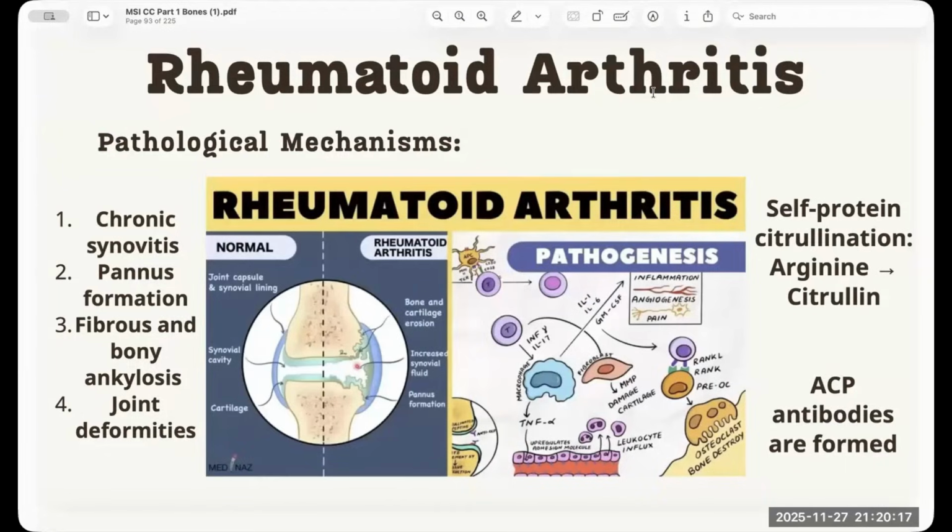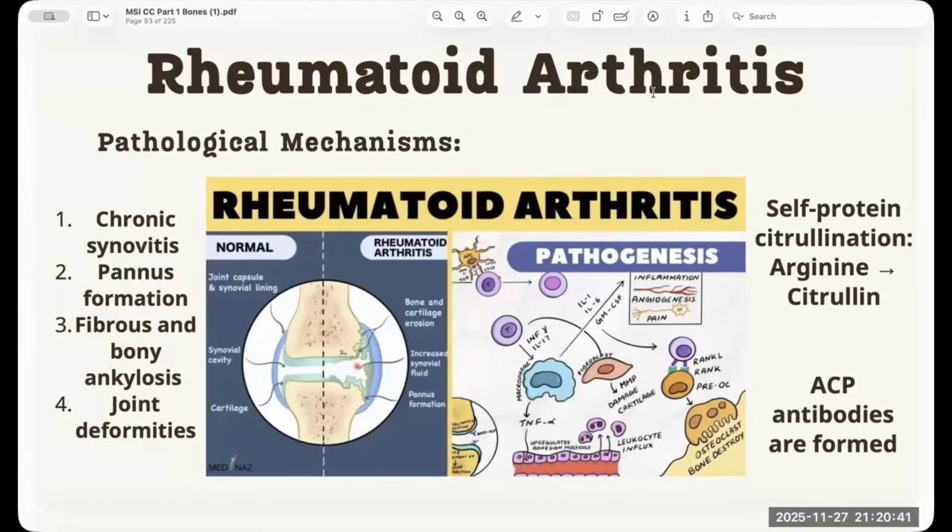When this happens, the body doesn't recognize the protein anymore. And when that happens, it will, of course, send antibodies to attack it because it's a foreign body now. And when those antibodies are formed, they go through blood vessels to the joint and they start attacking the joint.